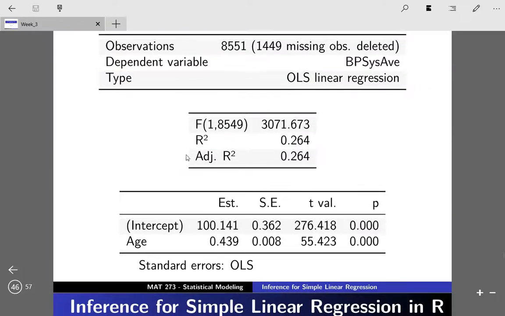And I asked about the coefficient of determination, which is 0.264 here, or 26.4%. So interpreting this again, we say roughly 26.4% of the variability in people's systolic blood pressure is explained by their age in years. That's how we interpret the R-squared.